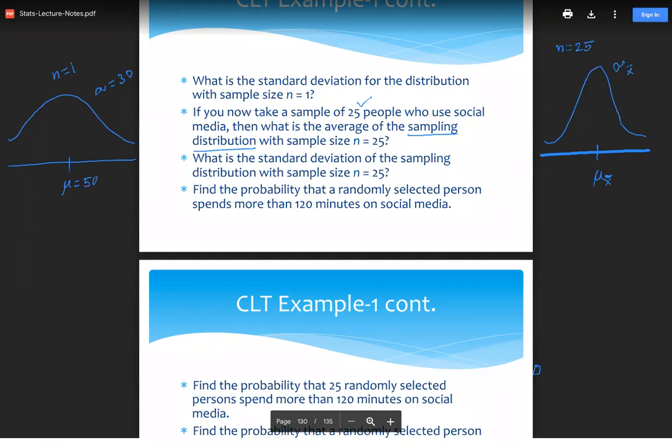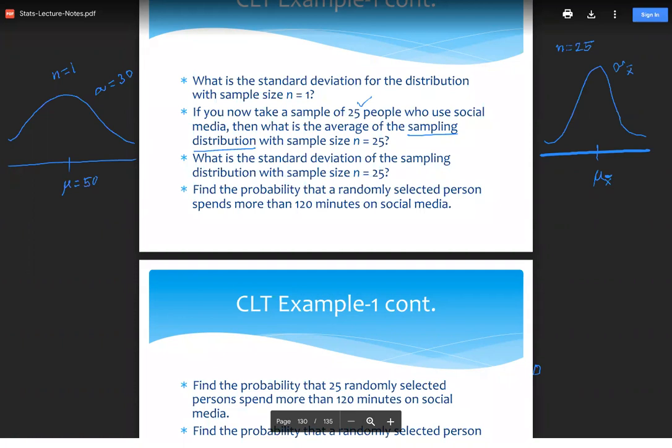Pedro Alvarez? Yeah, I'm here. You know why it's bell-shaped? No, I don't know. All right.